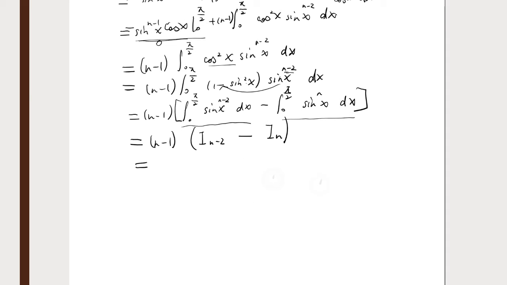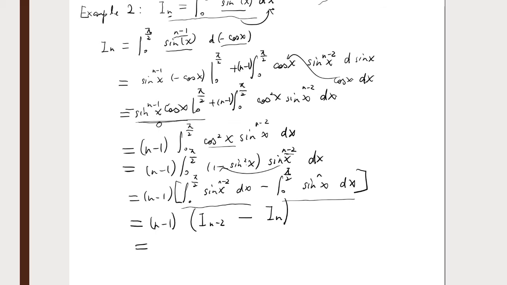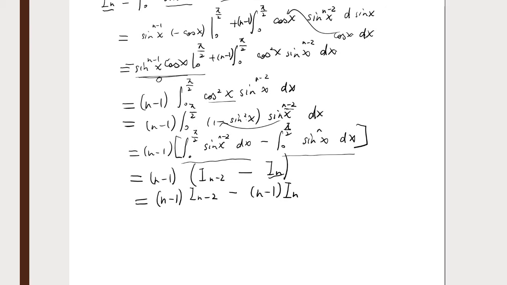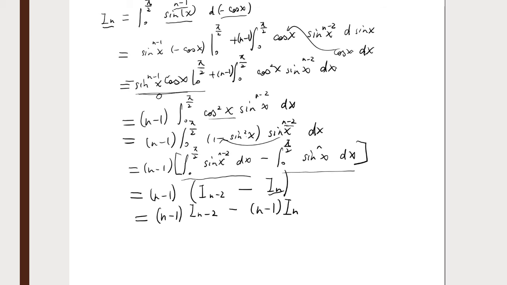Okay, so we want to find out what I n will be because on the right side and on the left side of the equation, we all have I n. So we can take it as a known variable and solve this equation. But before that, we have to distribute this n minus 1 to each item. Okay, here. All right, let's put this one to the left side of the equation.